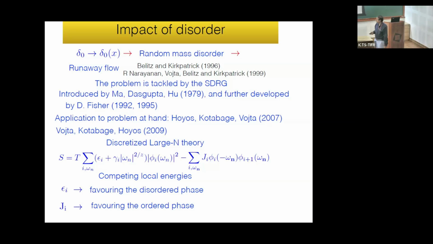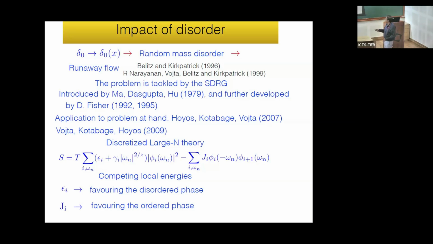What they do is they discretize the phi-four theory, go into the large n limit, and then effectively get a theory where you have two competing parameters. One is a local gap, given by this epsilon I, which comes out of the distance to criticality plus some self-consistent term, and this J that favors an ordered phase.